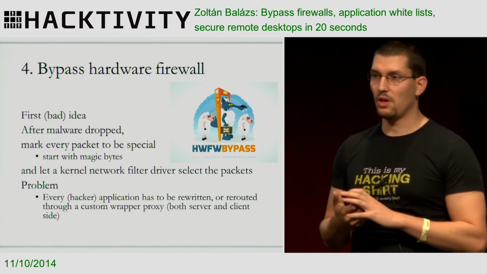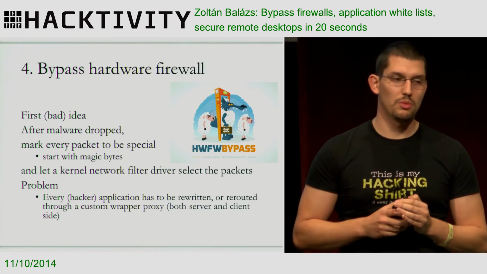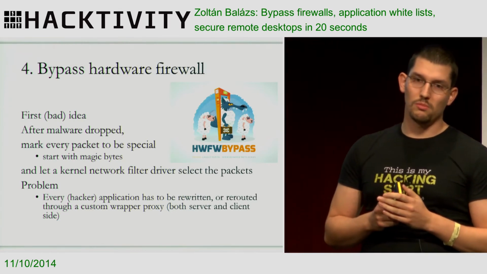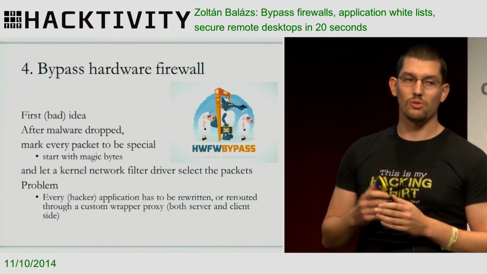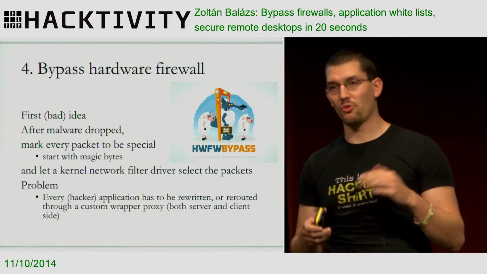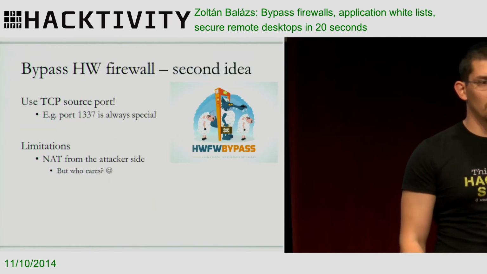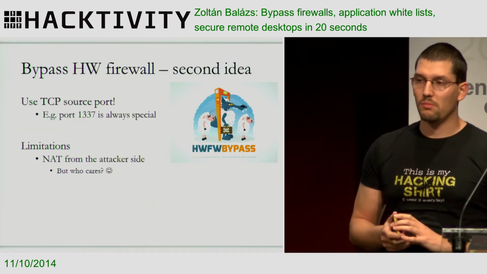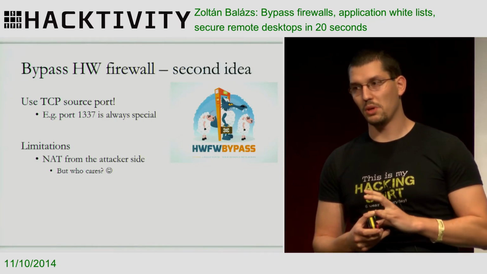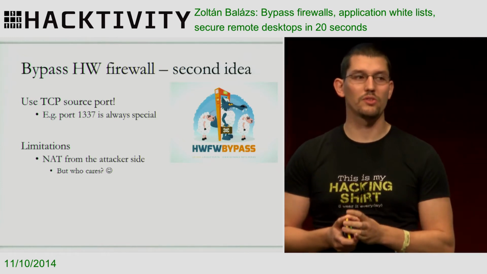For example, every hacker application had to be rewritten, or even worse, had to be rerouted through a custom wrapper proxy, which adds and removes these magic bytes. And my second idea was, how about using the TCP headers for these special magic bytes?